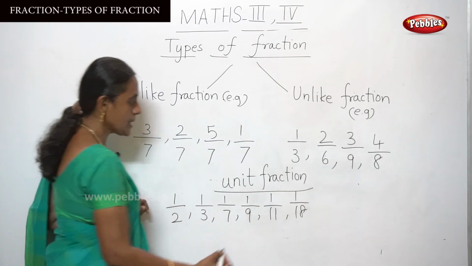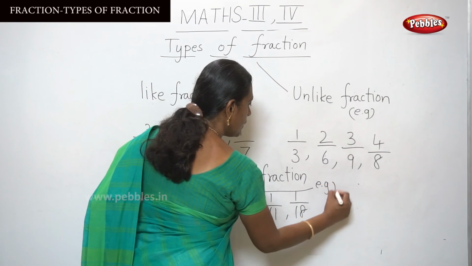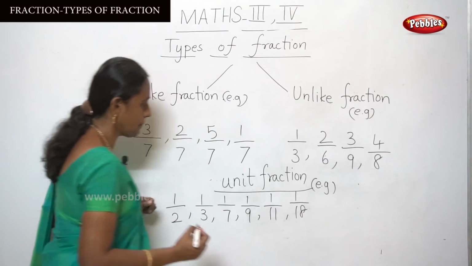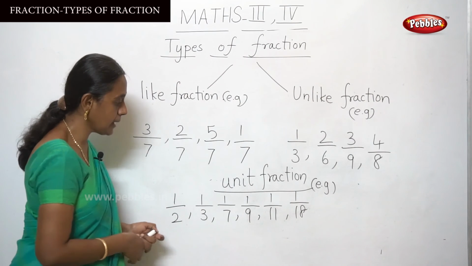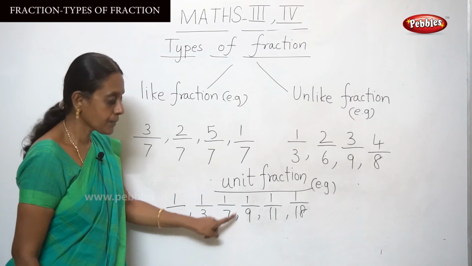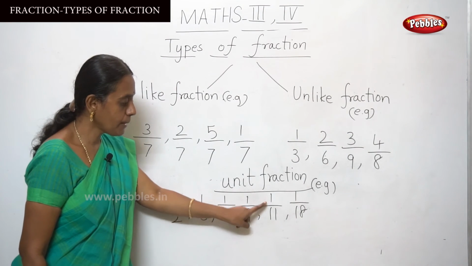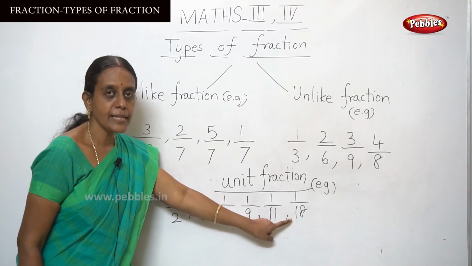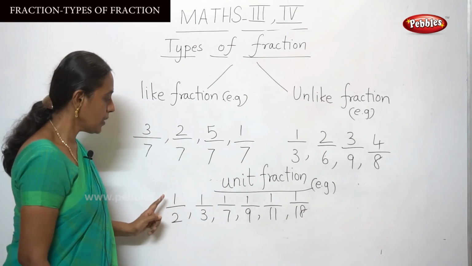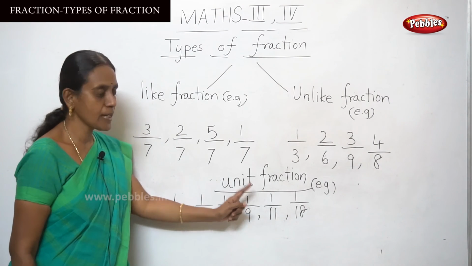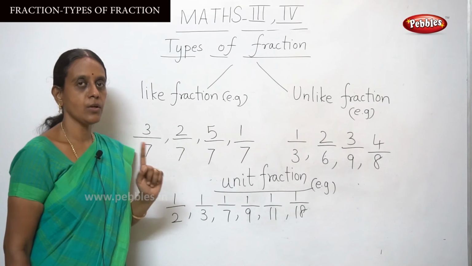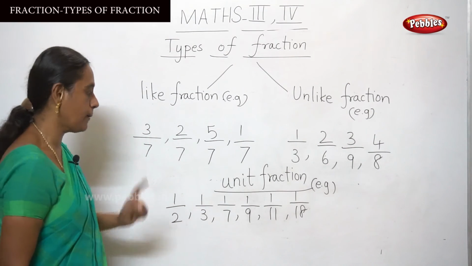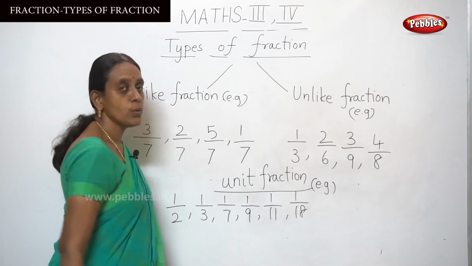So this is an example of unit fraction: 1 by 2, 1 by 3, 1 by 7, 1 by 9, 1 by 11 and 1 by 18. Here all the numerators are the number 1, that is unit, each one. So this is called unit fraction.